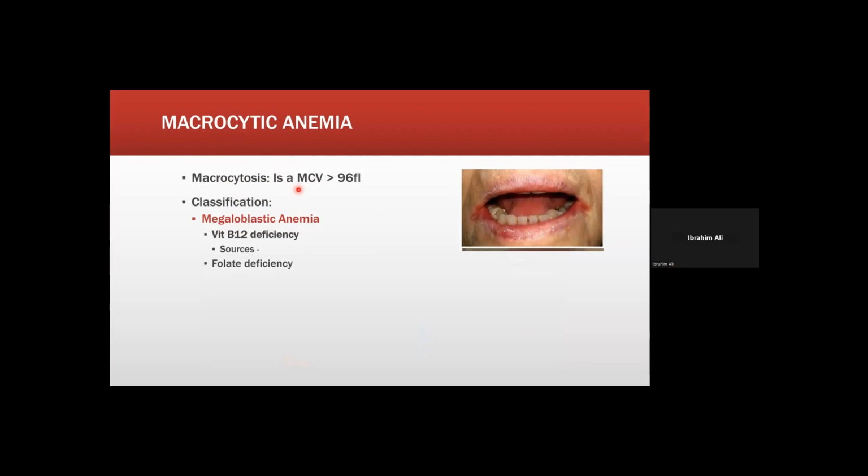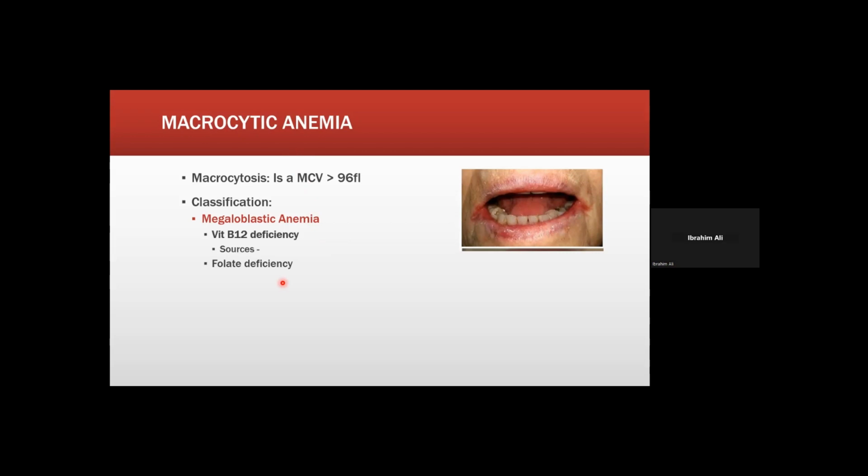According to your notes, it will be 96 femtoliters. Macrocytic anemias are divided into two types. We have megaloblastic and non-megaloblastic types.